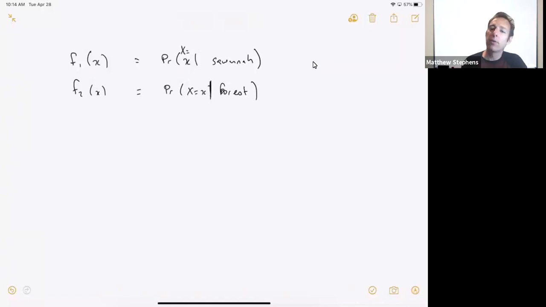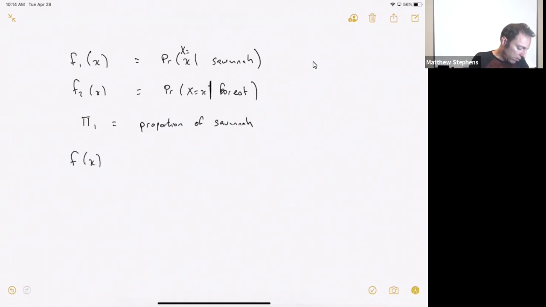Now let's suppose that we draw an elephant at random from a population that has frequency pi1 of savanna, so pi1 equals the proportion of savanna in our population. We randomly draw an elephant. What's the overall probability that X equals x?